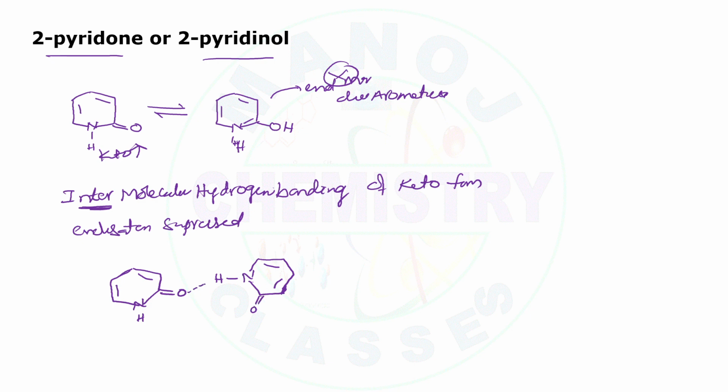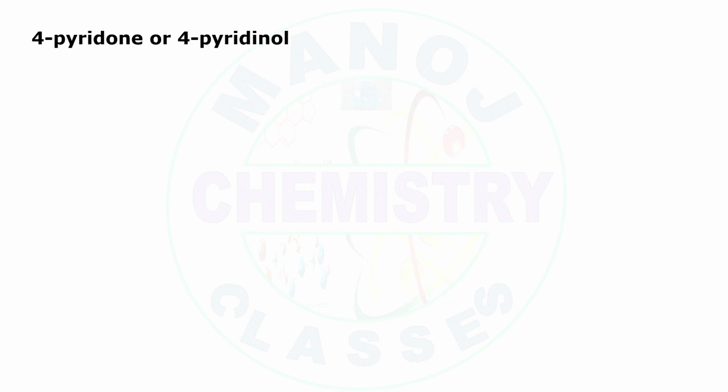So there will be existence of hydrogen bonding, and this one will exist with one more. So due to this intermolecular hydrogen bonding, the enolization will be minimized. Due to that reason, the 2-pyridone content is more than the 2-pyridinol content. So here intermolecular hydrogen bonding is there. You should remember intermolecular hydrogen bonding.